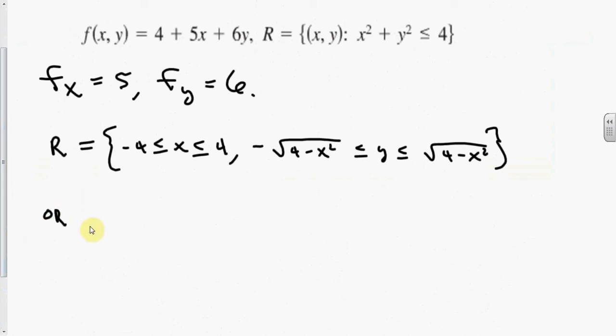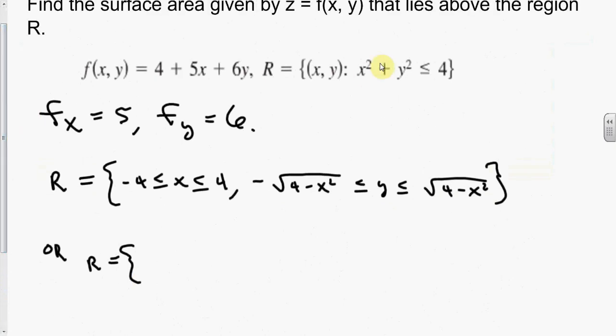Mr. Tuggle was trying to tell us that we can convert to polar coordinates. Anytime you're given the region, if it's a circle or part of a circle, it's easier to use polar coordinates. That was the whole reason why we had the previous section.